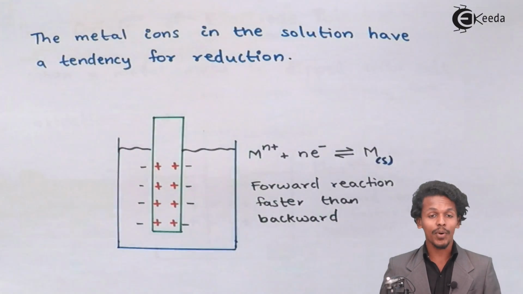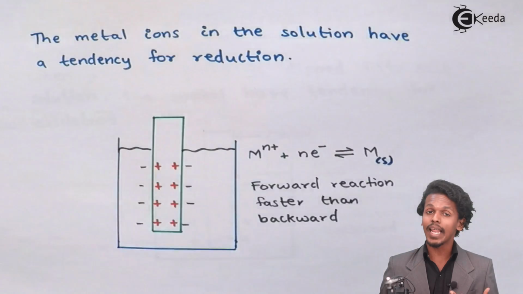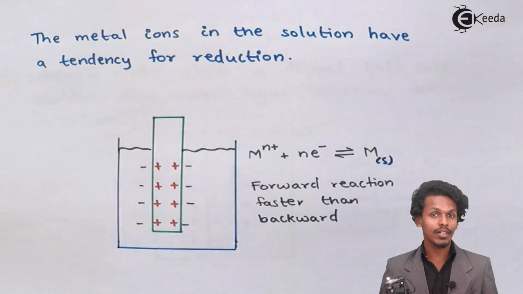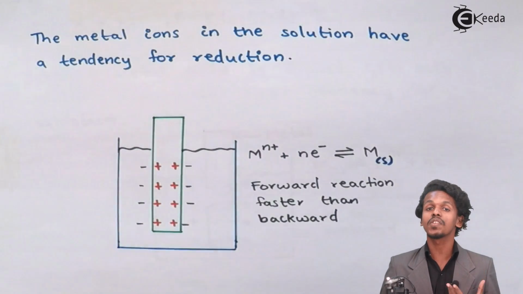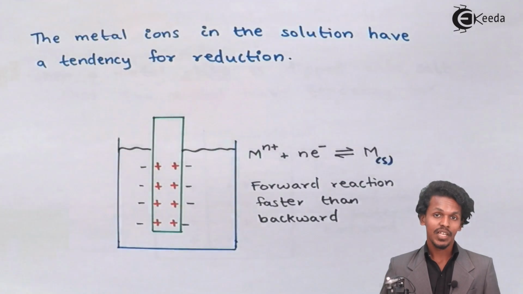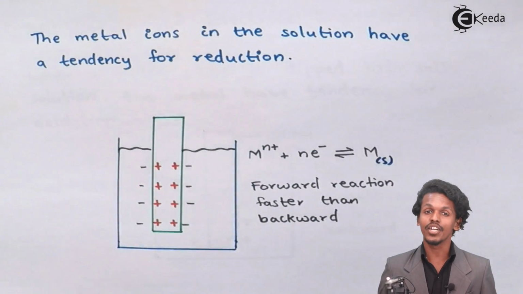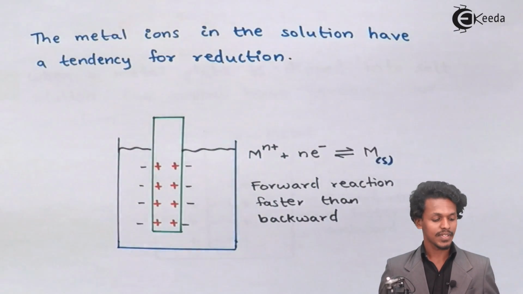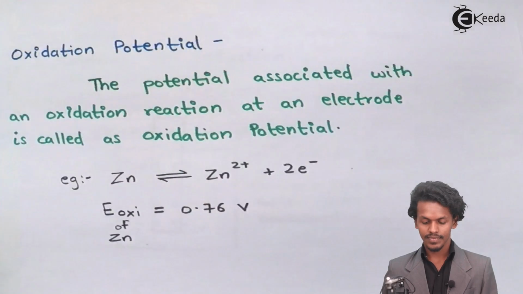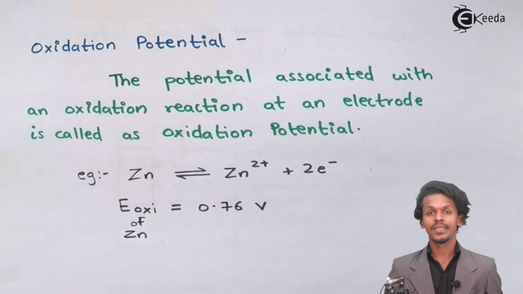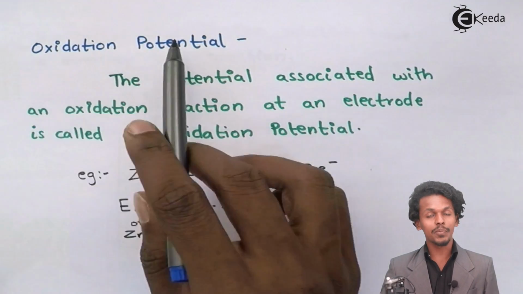Now let us talk about the two types of potential that can be generated on an electrode, that is during oxidation and during reduction. First, the electrode potential generated during oxidation, that is the oxidation potential.